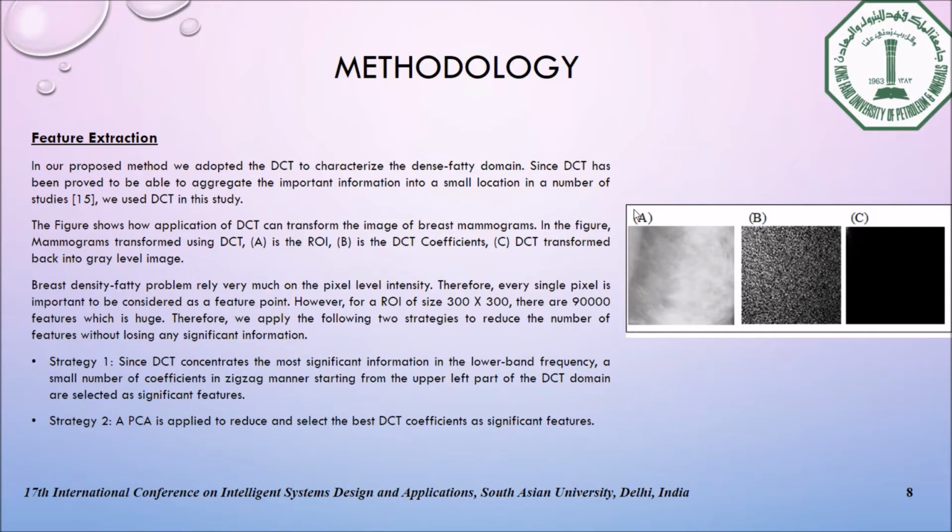Now figure C basically shows the DCT transformed back into a gray level image, so C will not be considered at all. So after strategy 1, we applied PCA, which is strategy 2, to reduce and select the best DCT coefficients as significant features.